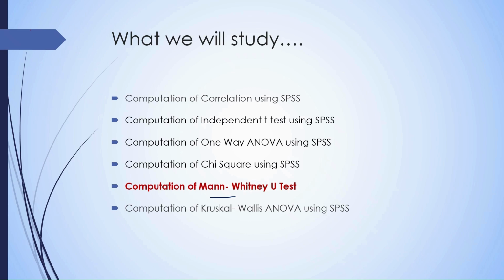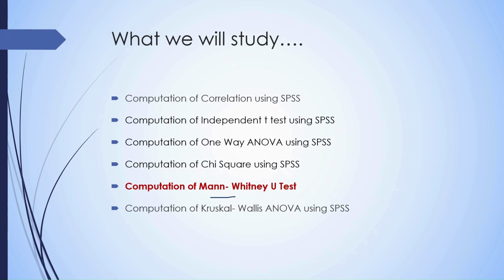Now, we have learned how to calculate the Mann-Whitney U-test also manually, right? Do you remember what the Mann-Whitney U-test is? Is it parametric or non-parametric? It's a non-parametric test, right? And what is it used for? It's used to determine whether there is a significant difference between the distributions of two independent groups.